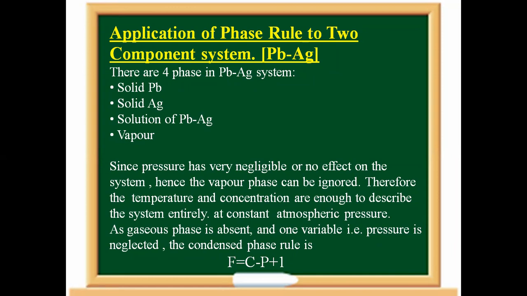Followed everyone? So for a two component system, there is the reduced or condensed phase rule. For a one component system, there is the proper Gibbs phase rule, which is F is equal to C minus P plus 2. Okay? Just write this down. I hope you all have followed.